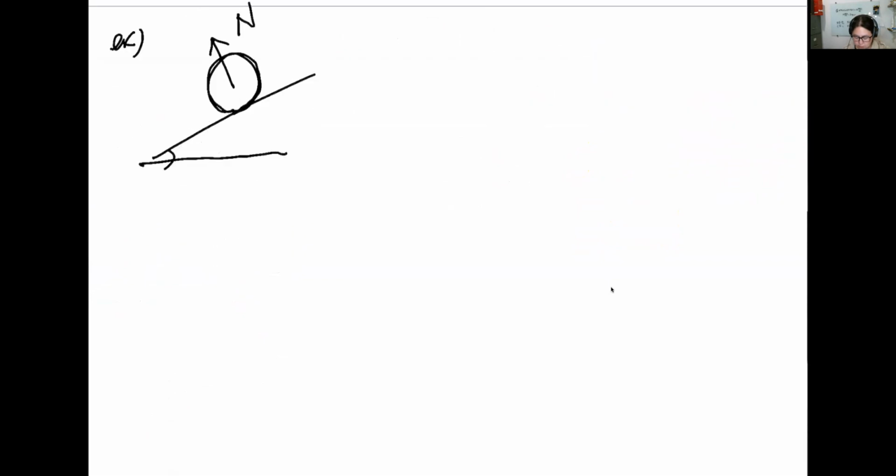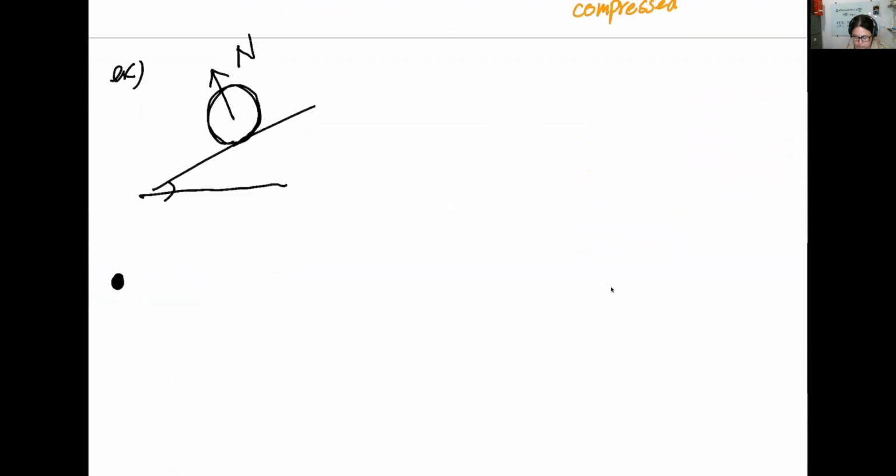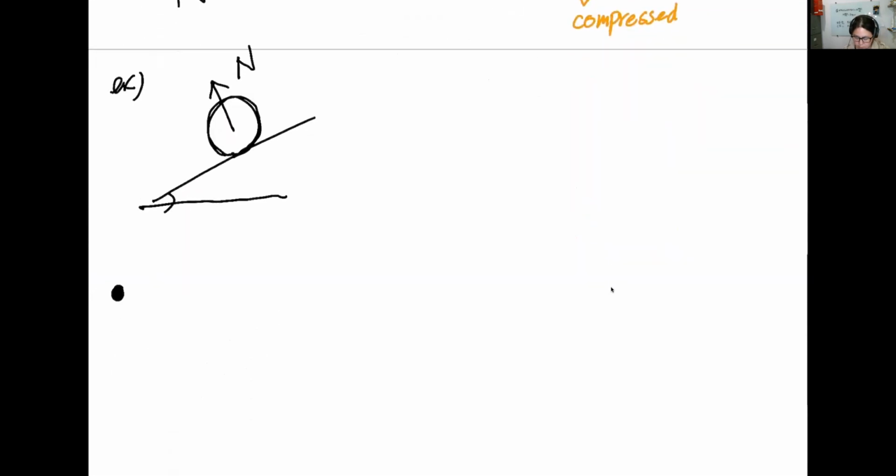Another force that we use, another contact force, is the friction force.